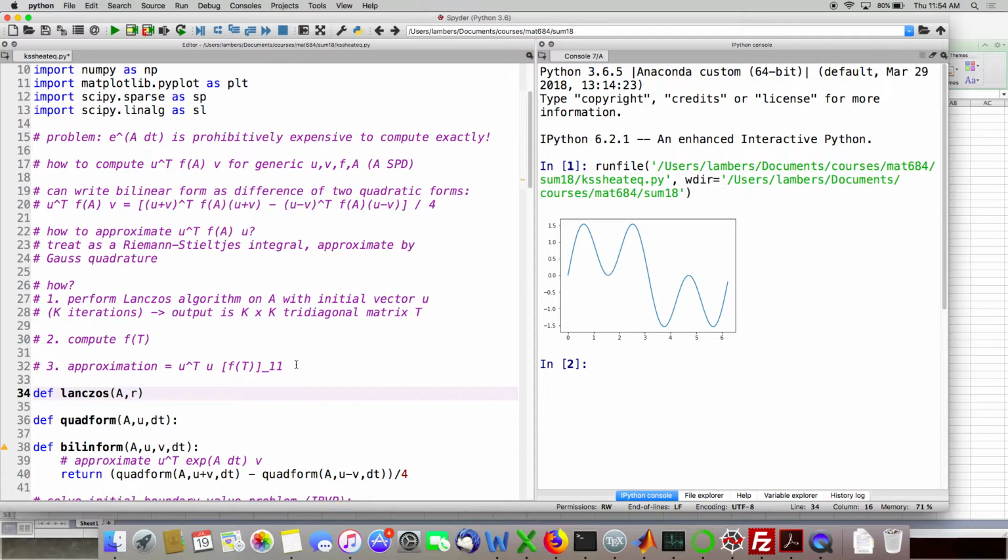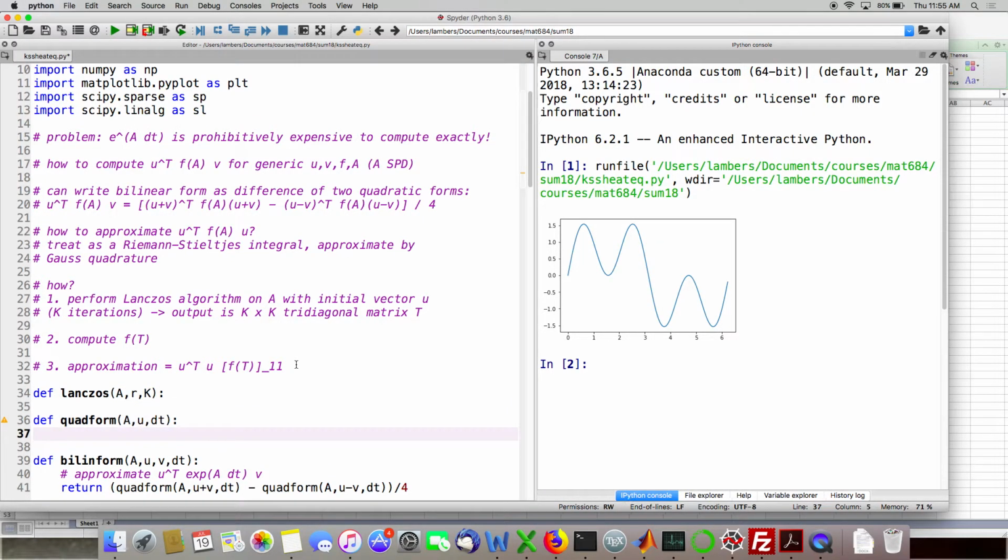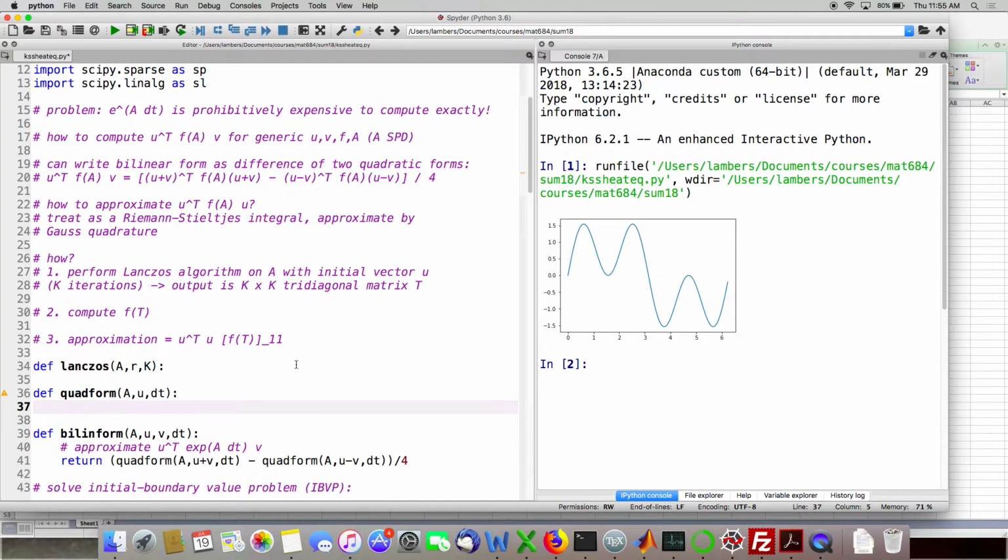I'll show you the Lanczos algorithm momentarily, and then a number of iterations K. So I'll fill that in a little bit. But once I have that, I would call my Lanczos function with my matrix A, initial vector U, and then the number of iterations. I'm just going to use 2 iterations in this case.